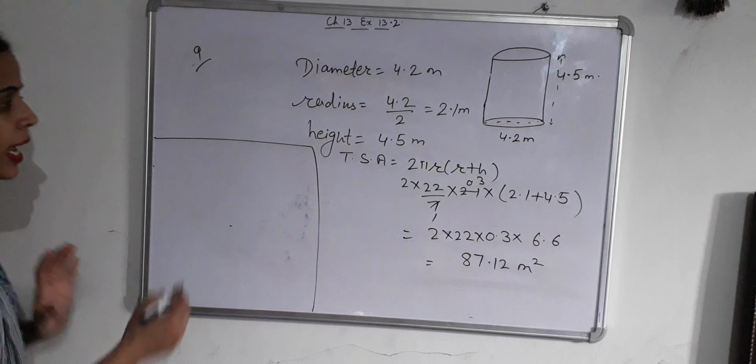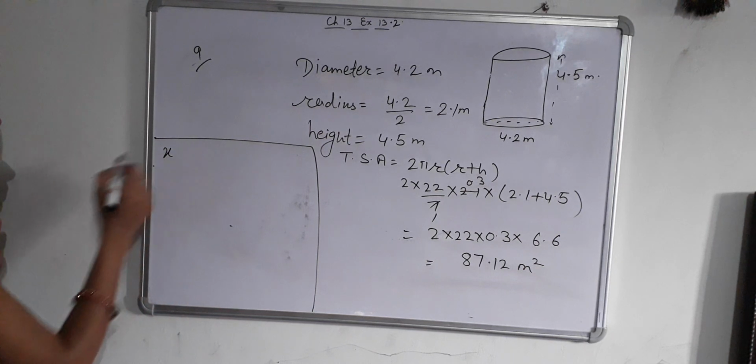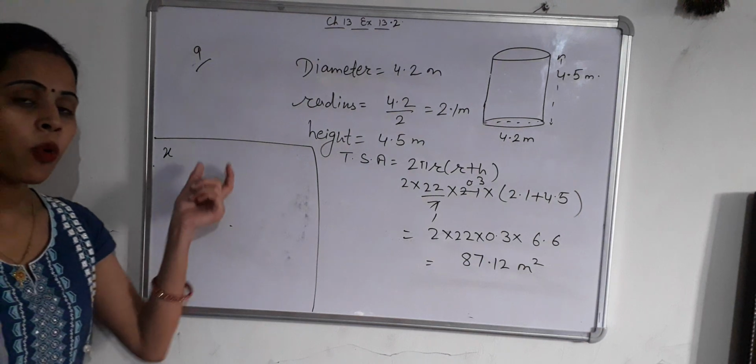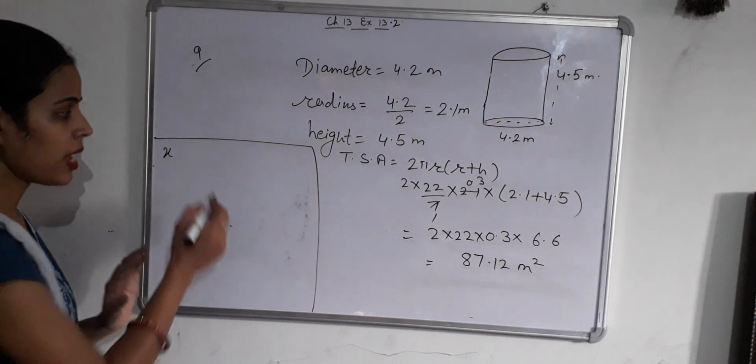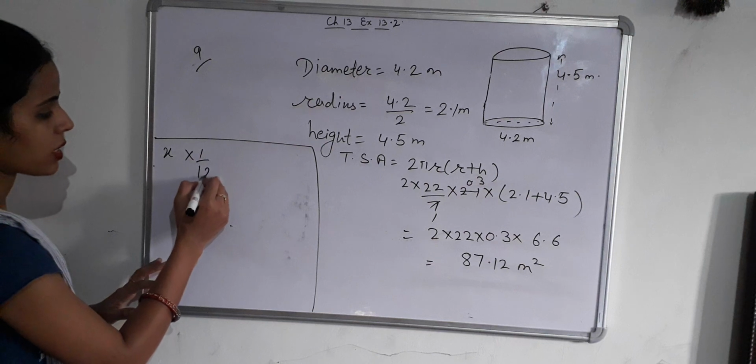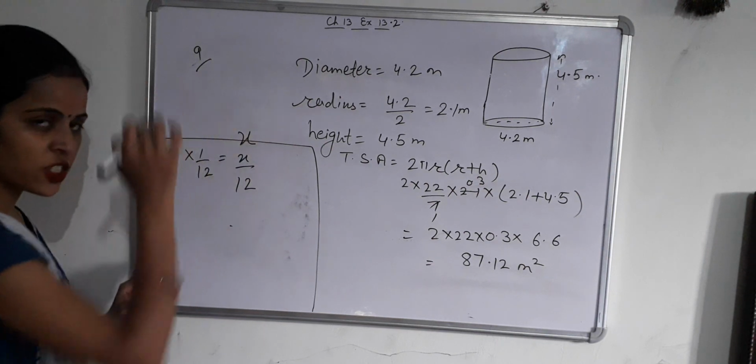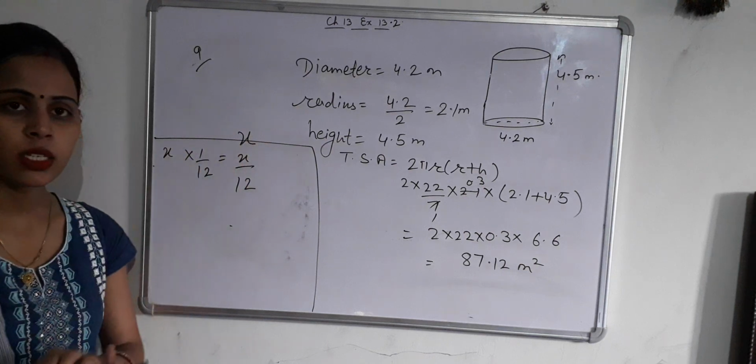So we can say that x part is purchased, its 1/12 part is wasted. Then 1/12 of x equals x upon 12. X part is purchased, x upon 12 is waste.